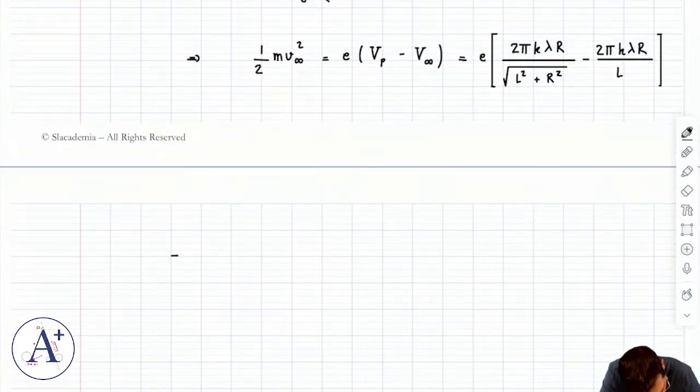And so we are going to multiply by 2, divide by m, and eventually square root.